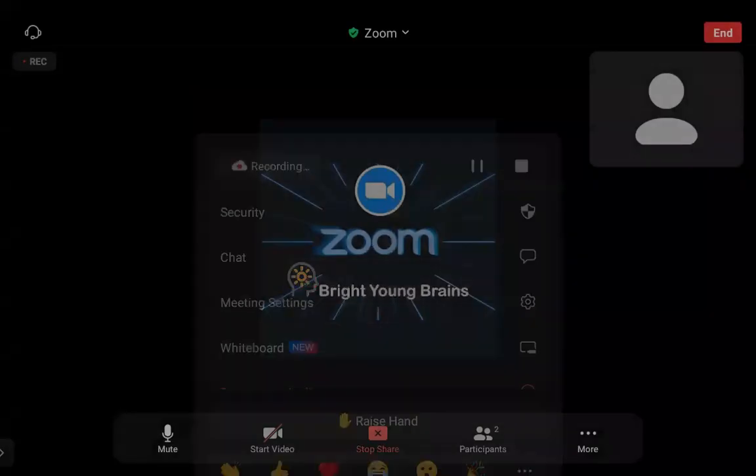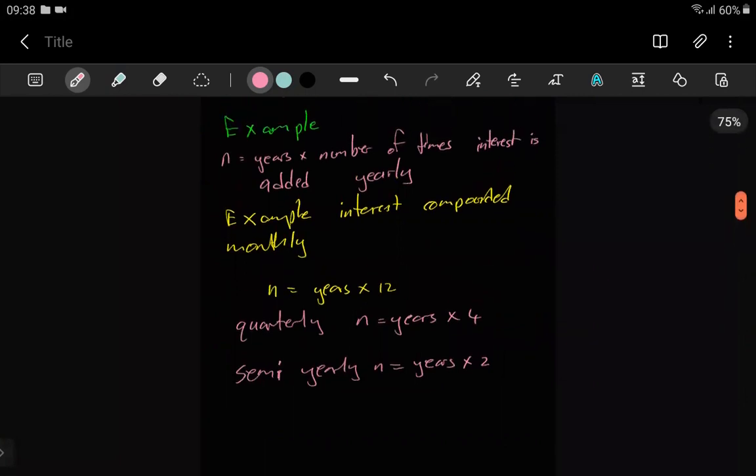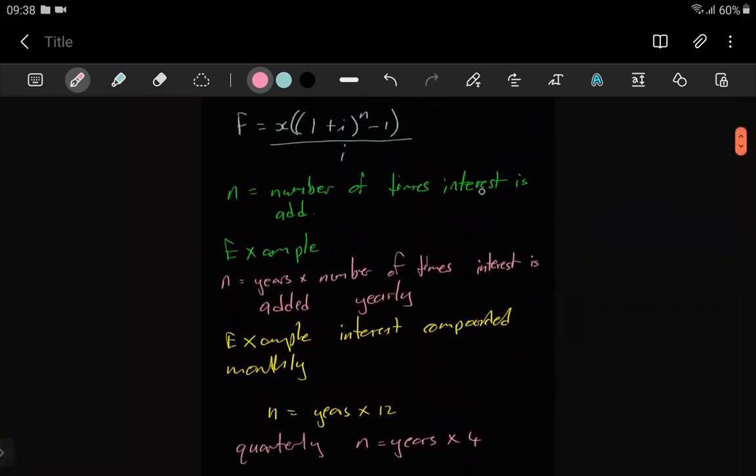With these key pieces of information, the 12, the 4, and the 2, it's exactly the same when you work out your interest. Here we say n is the number of times interest is added, and n is the years multiplied by the number of times interest is added yearly.